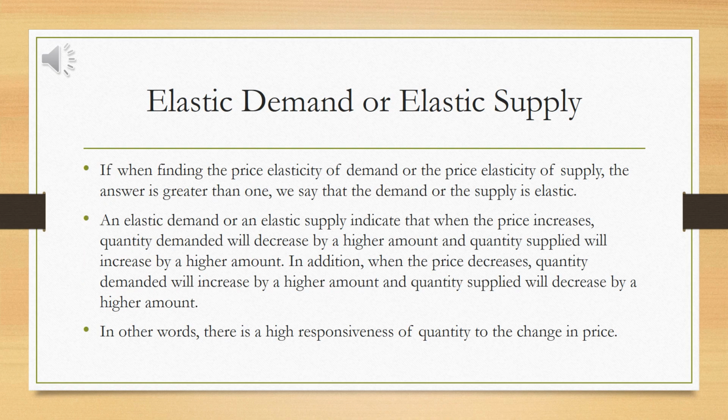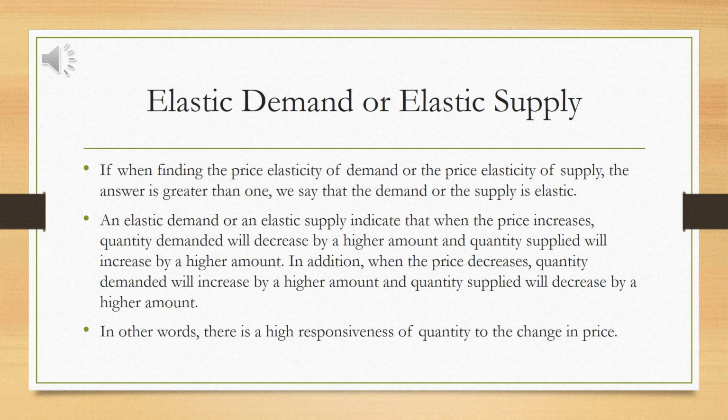If when finding the price elasticity of demand or the price elasticity of supply, the answer is greater than 1, we say that the demand or the supply is elastic. An elastic demand or an elastic supply indicates that when the price increases, quantity demanded will decrease by a higher amount and quantity supplied will increase by a higher amount.